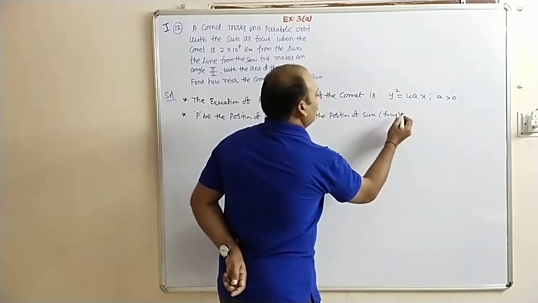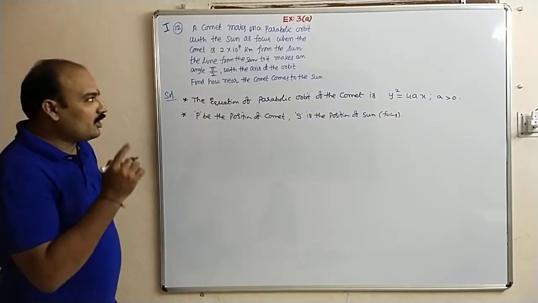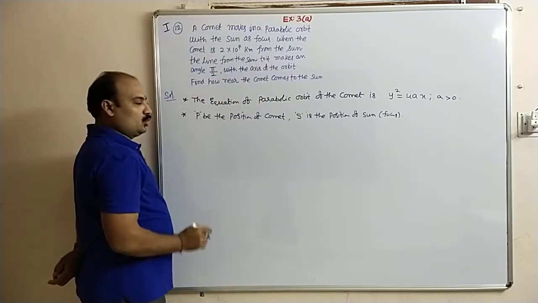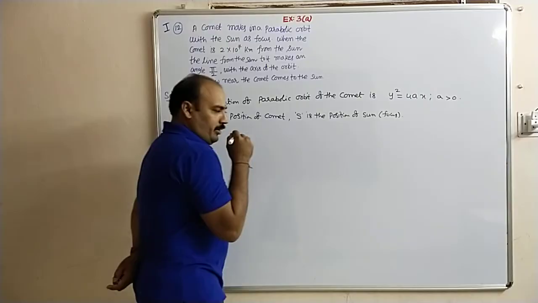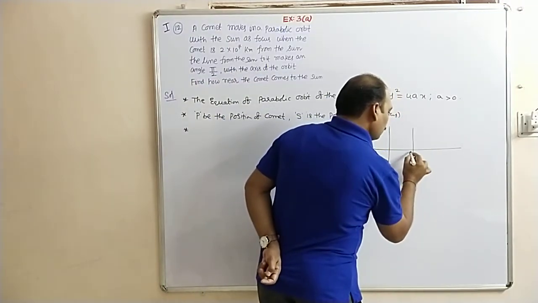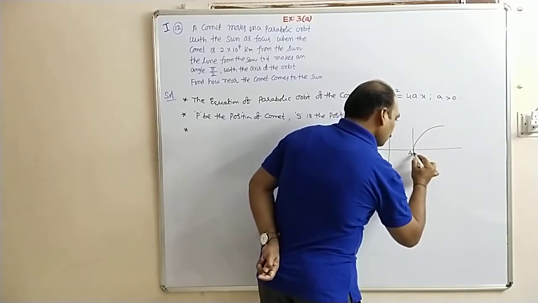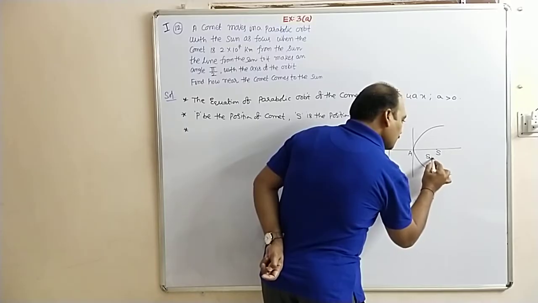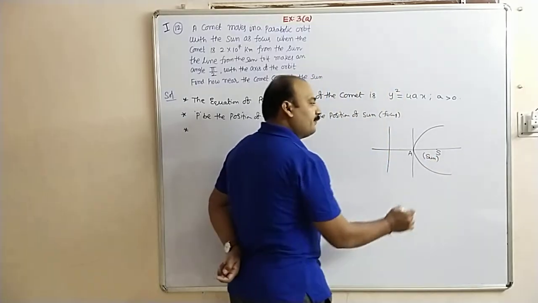And one more condition is given. It makes an angle pi by 2. If you draw the figure, you will get an idea. S is the sun, the position of the focus.